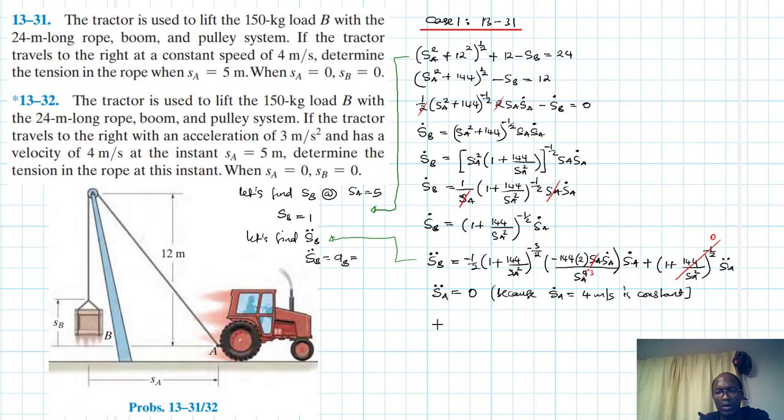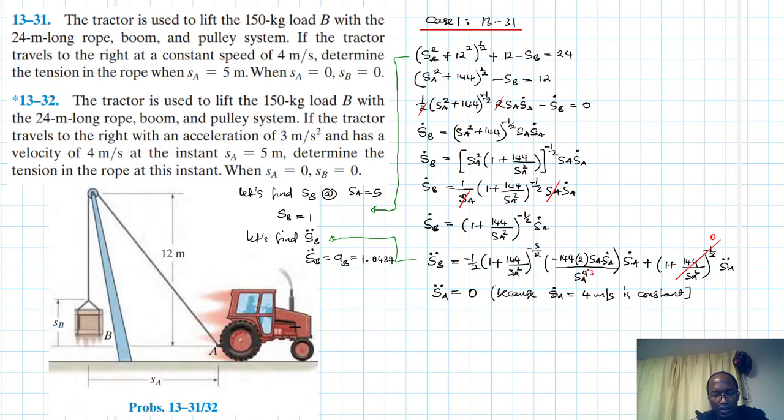So we have 1.0487. I'll need to repeat this to check if I'm correct. 1.0487. So let me repeat it.